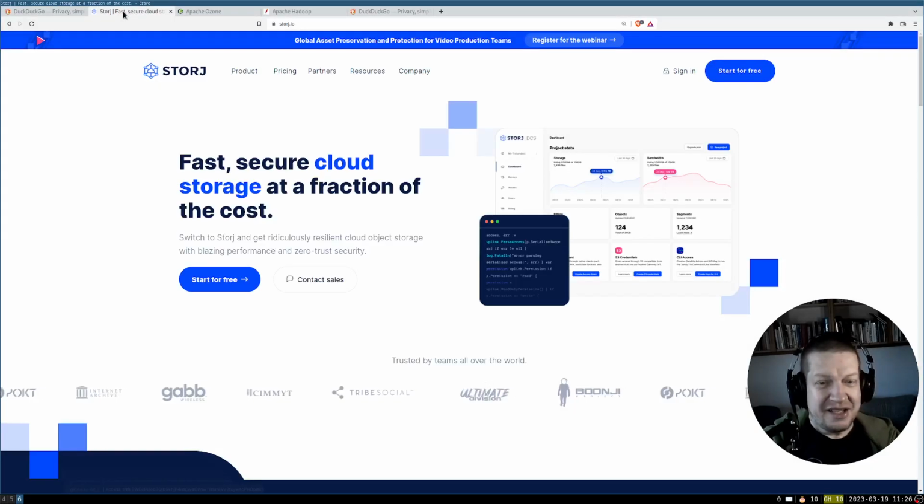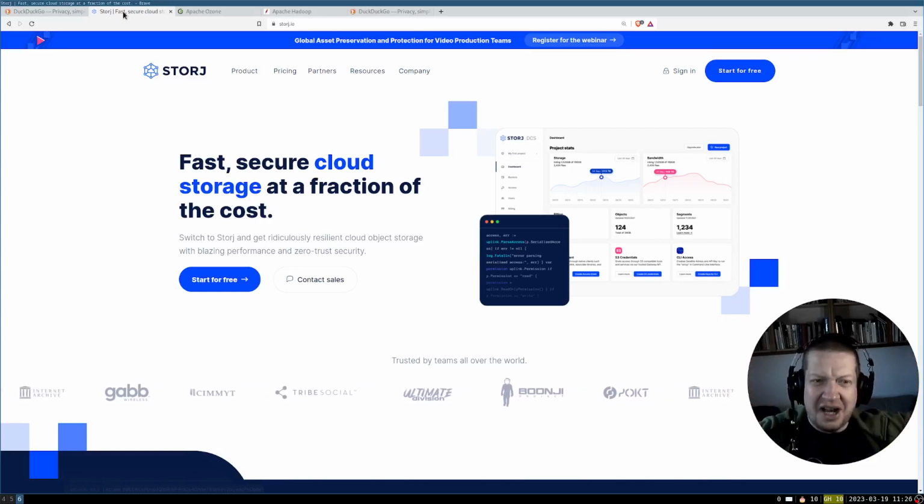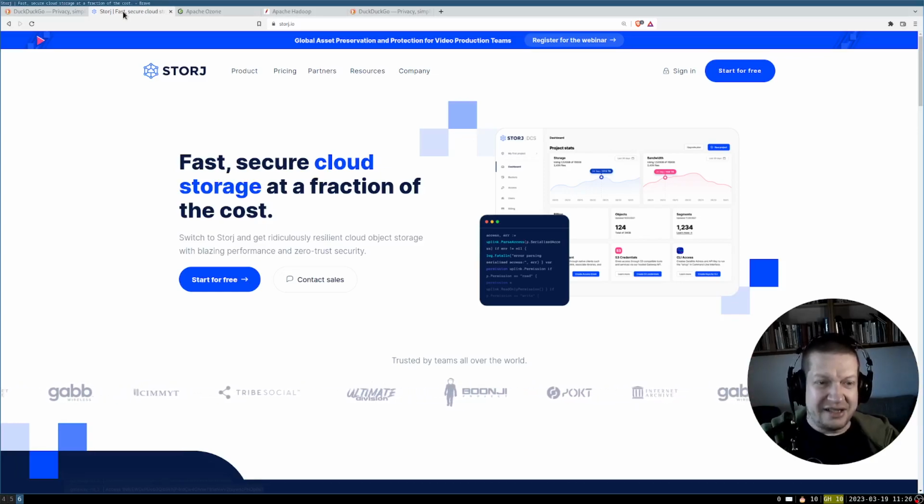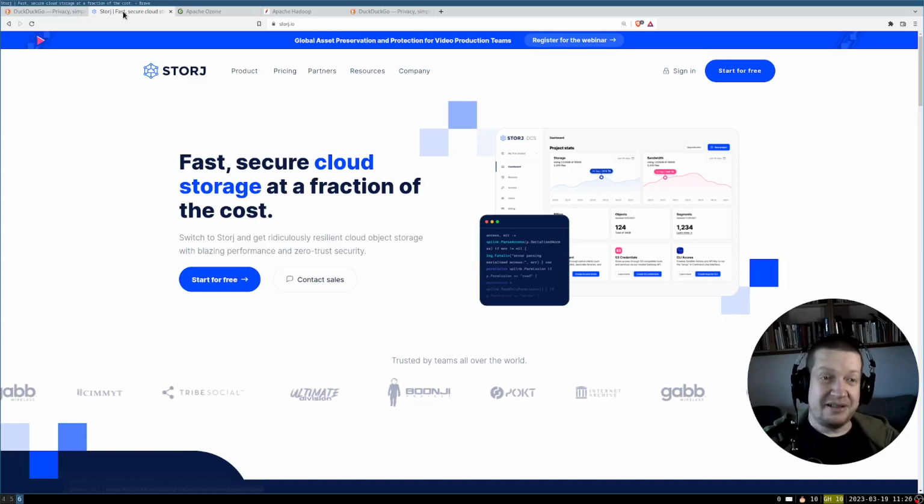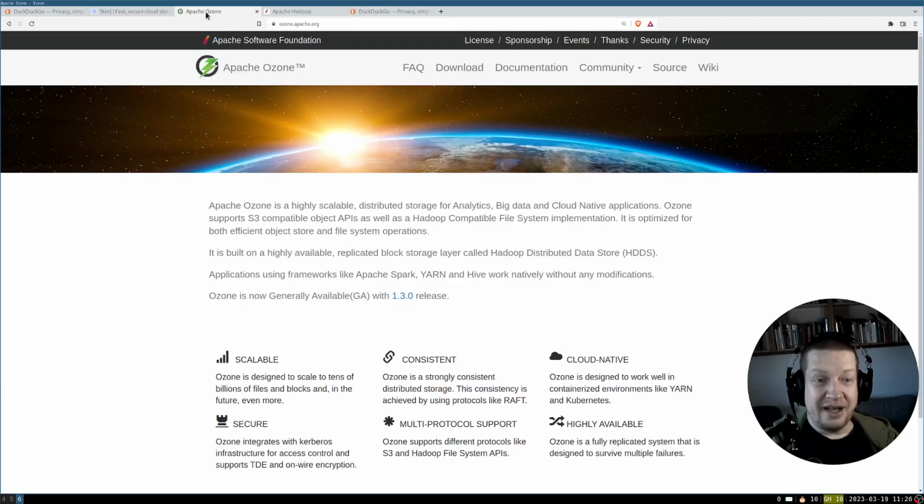If I check this storage, this is some cloud storage, and the data is stored everywhere in a distributed manner, while Apache Ozone and Apache HDFS, but let's talk about Ozone, are more like storage for distributed big data workloads. So you should think about a Kubernetes cluster or a good old Hadoop cluster where you would like to store a lot of data, your own, in your data center, in your cluster.